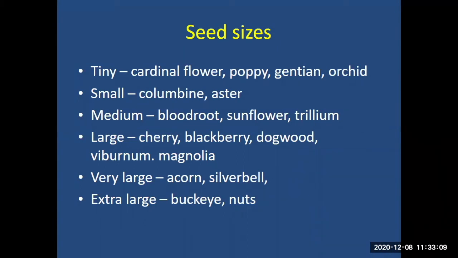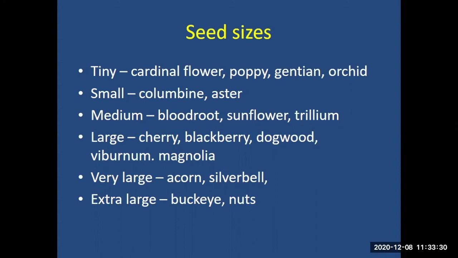Seed sizes, we'll notice this when I show you some examples later. They can be really tiny, almost like dust, like cardinal flower, poppy, gentians, orchids. Some of these are almost like dust. They can be small, like columbine and aster. They can be medium sized, like a bloodroot or a sunflower or a trillium.